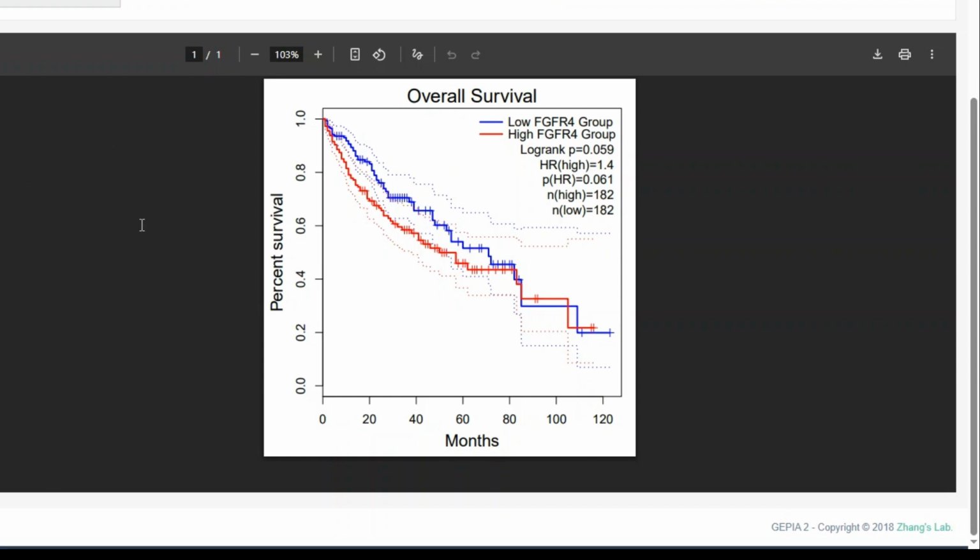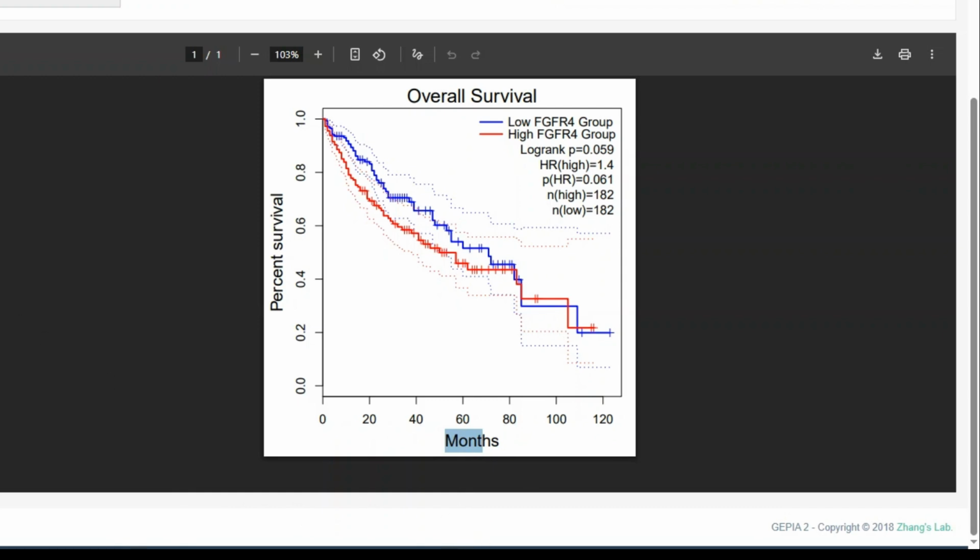Basically, a Kaplan-Meier curve, or Kaplan-Meier survival curve, shows how a group of patients survive over time. The x-axis represents time. Here you can see that this x-axis is showing months, 0 to 20, 40, 60. That is the time.